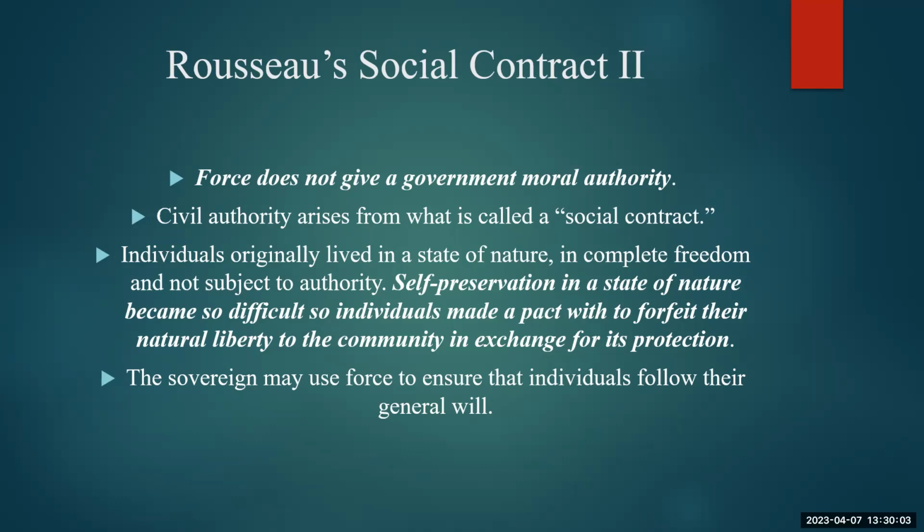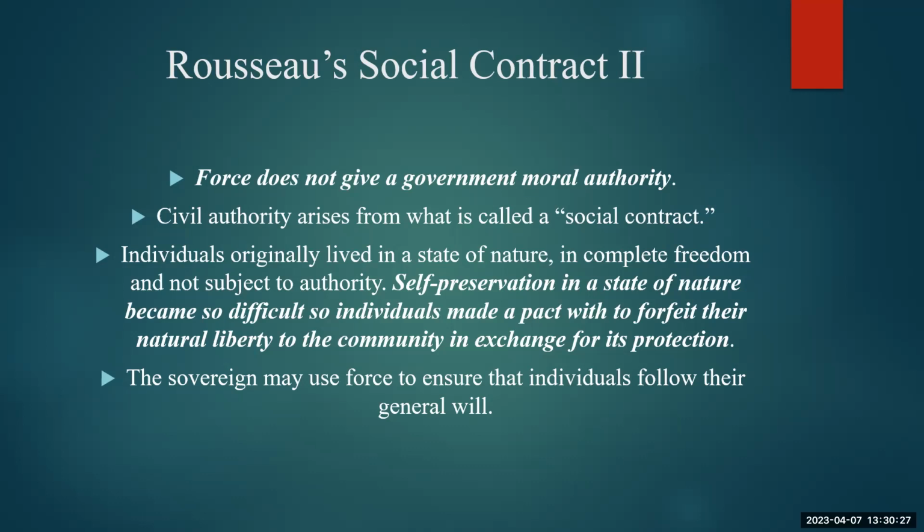And individuals, like Locke said, lived in a state of nature, with complete freedom, not subject to the absolute authority of one sort or another. But living in that state of nature, however beautiful it was, made it more and more difficult, because we had to find a way to resolve our differences if it came to the possibility of what would later become a law, right?